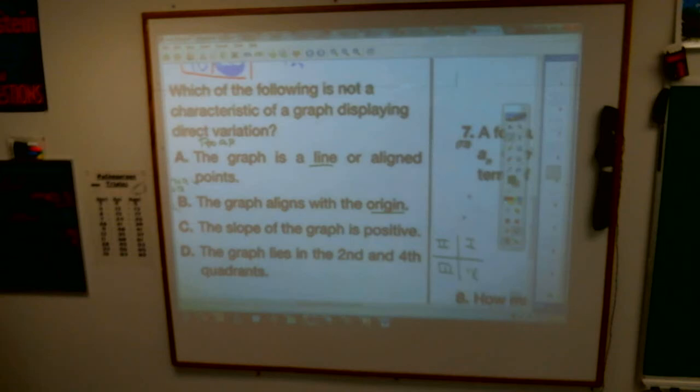Is slope always positive in direct variation? Or does the graph line go between the second and the fourth? Elijah Fisher? D. Why D? Because direct variation is always going back. It's always what? Going back, so impact the slope as possible.